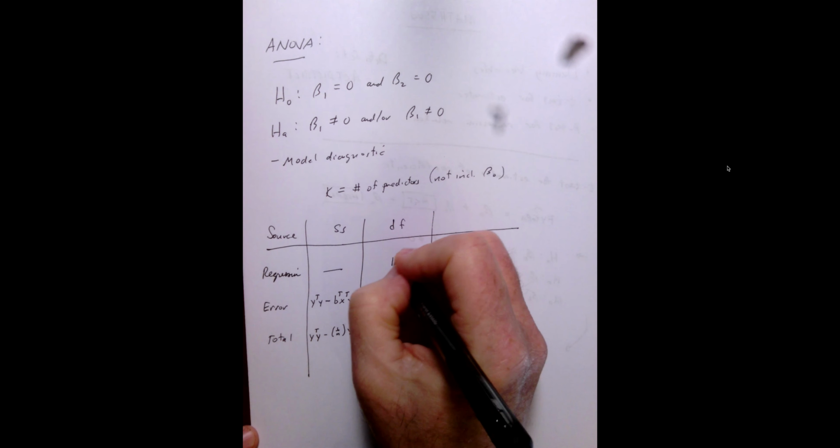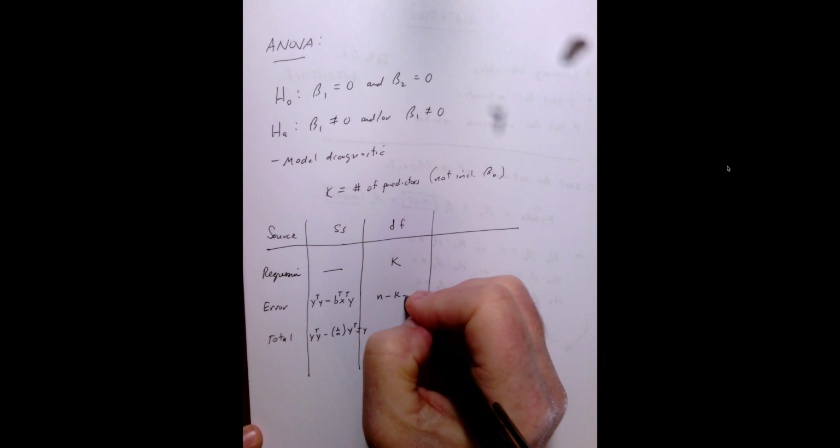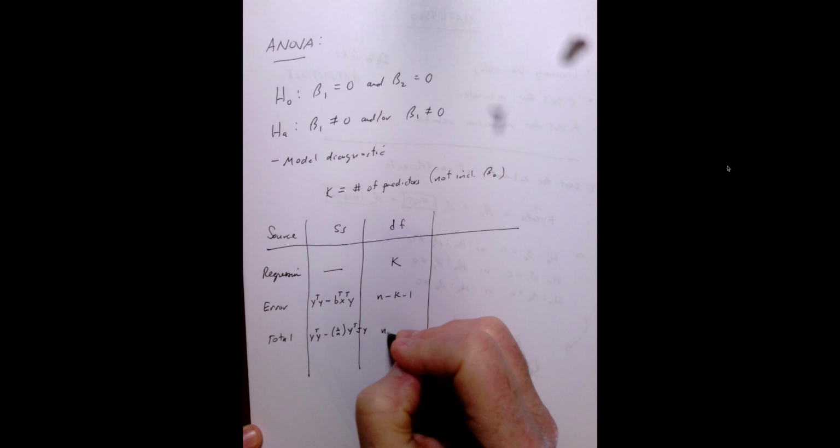Our degrees of freedom for the regression term just turns out to be k, the number of predictors. The error term turns out to be n minus k minus 1, and the total just turns out to be, as it was before, n minus 1. So you can see that when we add the degrees of freedom for the regression and the error terms, we get n minus k minus 1 plus k, which gives us n minus 1.